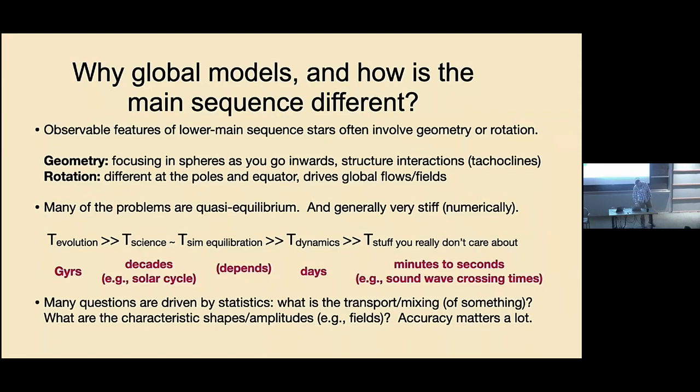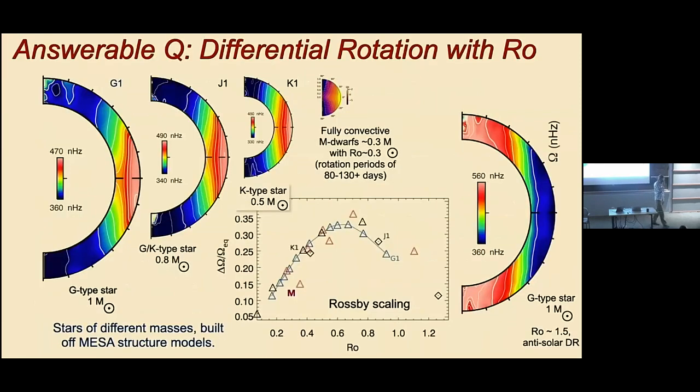All right. What are some of the questions I think are answerable in the near term with 3D global models? I think there are some things we could really say about the large-scale global flows, the differential rotation, and the meridional circulation of stars. We can't necessarily test in these models what those flows do, but we can give you an idea of what those flows might look like, and they could be tested with other ideas.